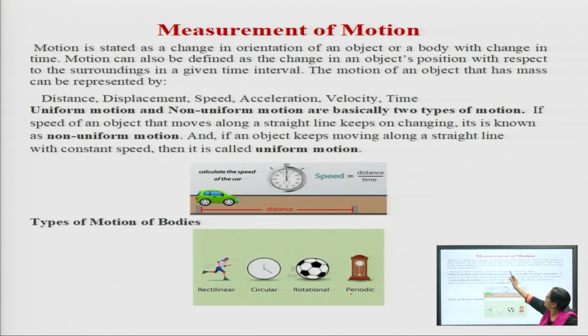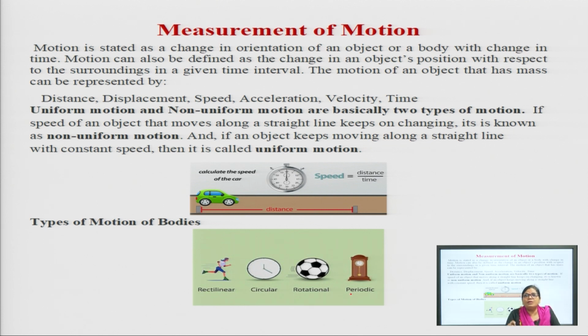So we can consider again the object, how we will measure the motion. Motion is stated as a change in orientation of an object, as discussed earlier, or a body which changes in time. Motion can also be defined as the change in object position with respect to the surroundings in given time. The time factor is important.